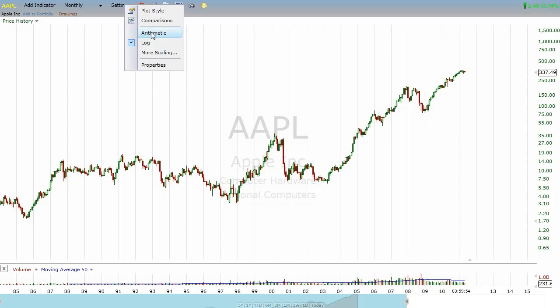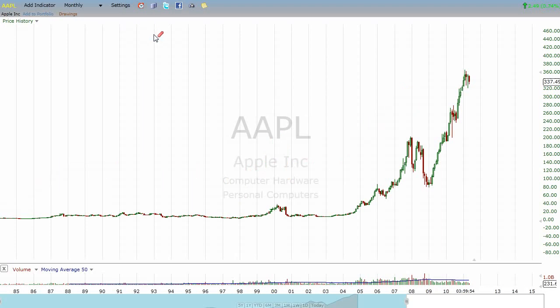And I'm going to go, look, debt was absolutely flat until 2005. Then look what happened. It has skyrocketed. All right, now let's look at it again logarithmically.